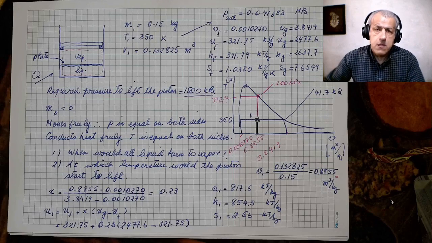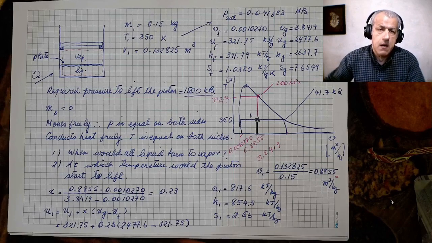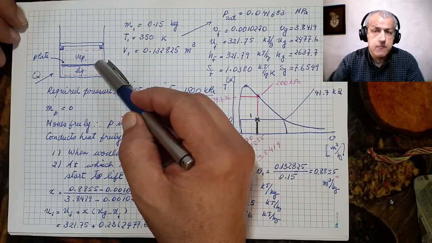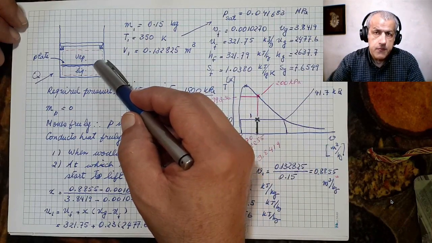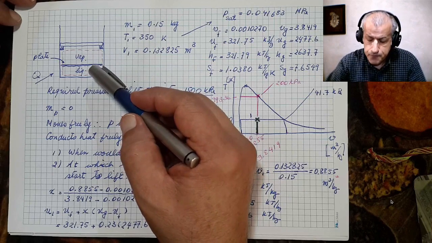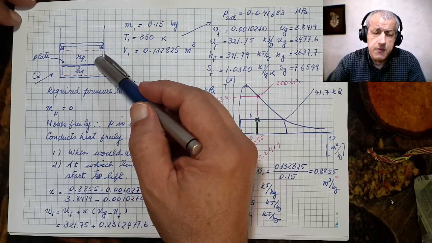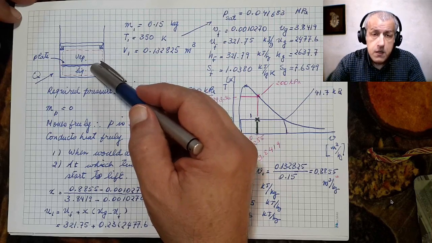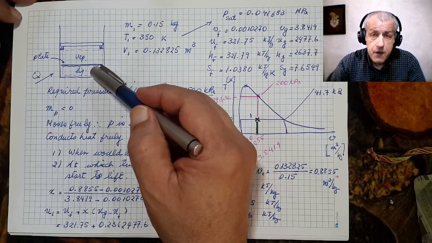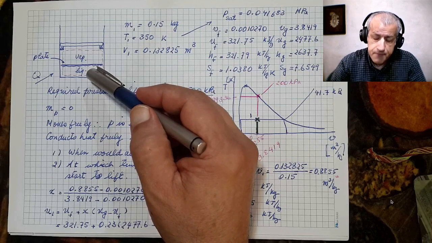A question that was asked early in the problem was that if we place the plate with no weight, no resistance to pressure, and no resistance to temperature difference, if we place such a plate over the liquid, then where would that be when it's all vapor inside, after all liquid has vaporized?